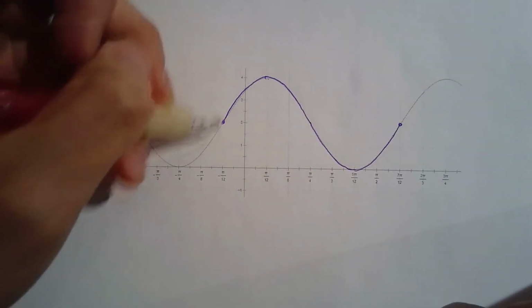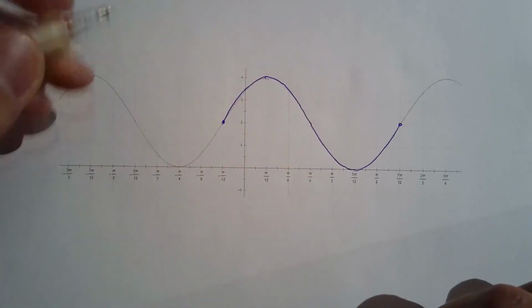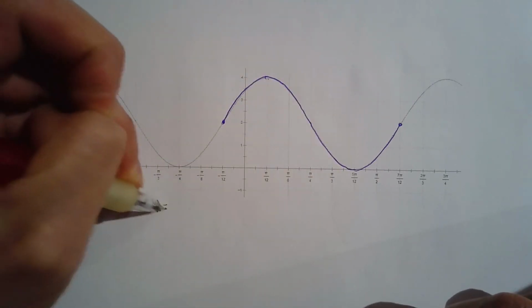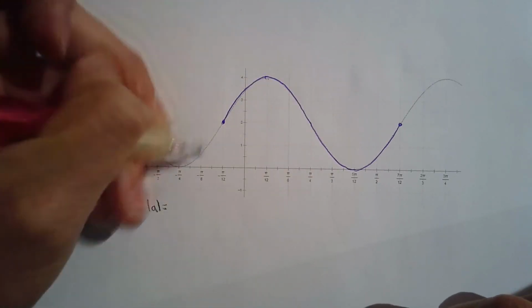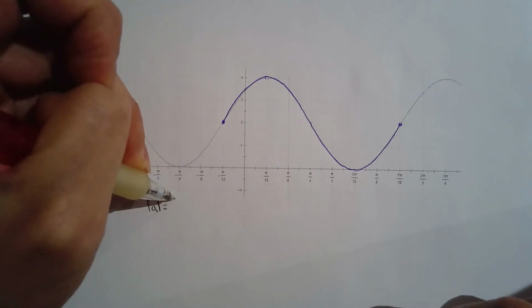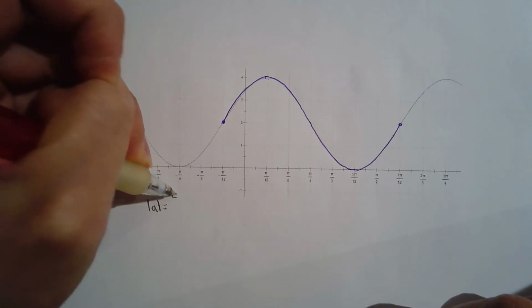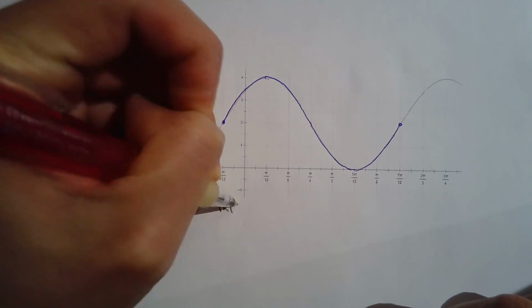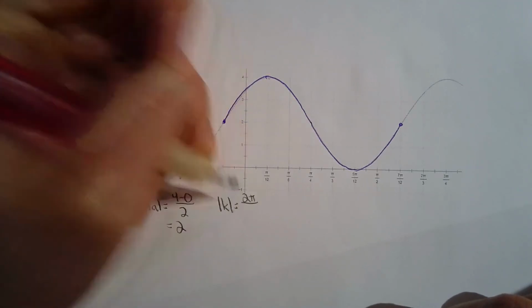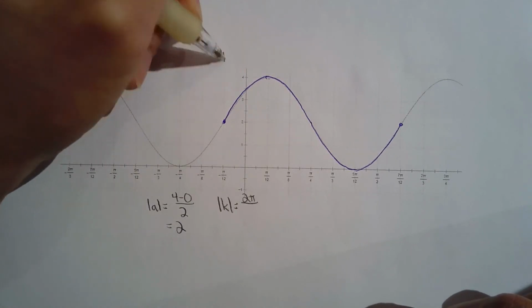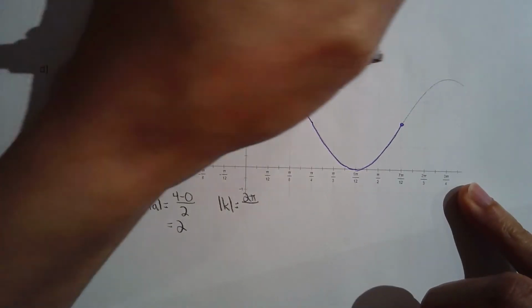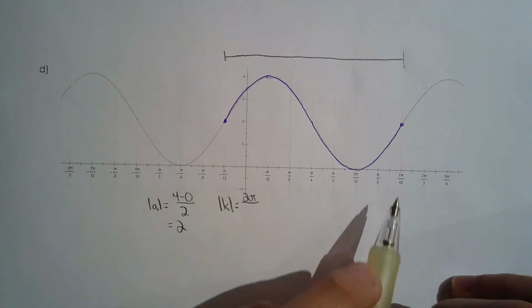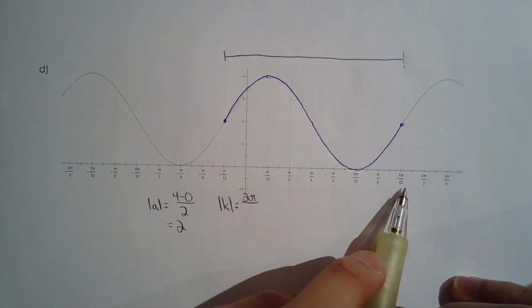So, from this beautiful purple wave, I'm going to extract 3 parameters, A, K, and C. So A, max minus min divided by 2, 4 minus 0 over 2, which is 2. K is 2 pi over the period. Ooh, what's the period here? I like this one. It starts at -pi over 12, ends at 7 pi over 12.